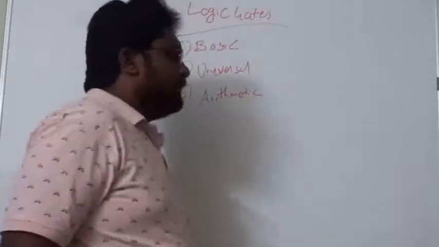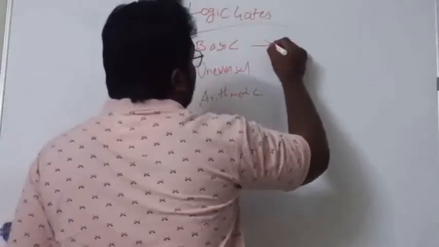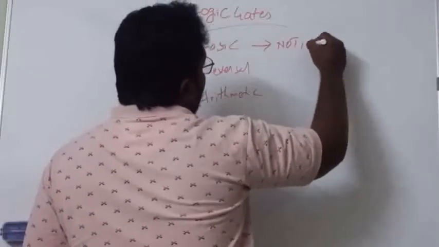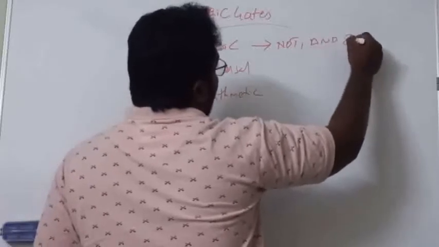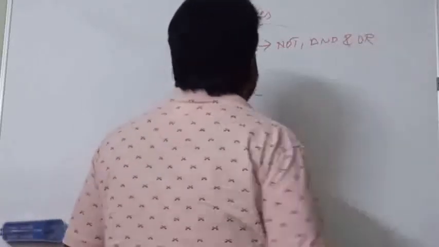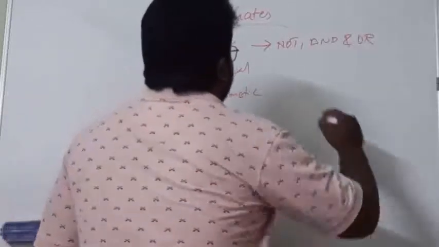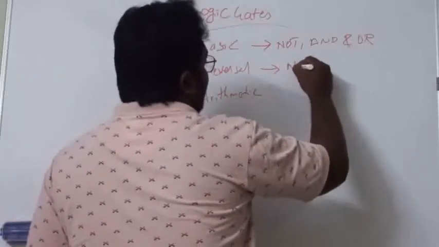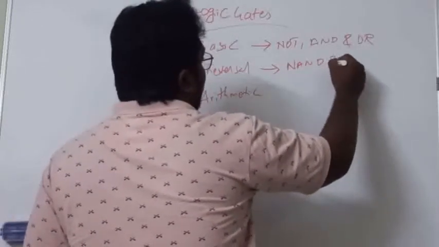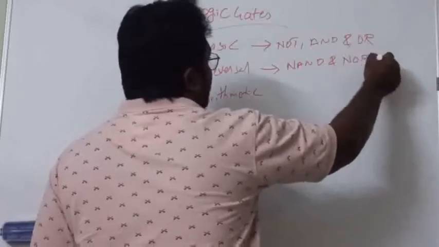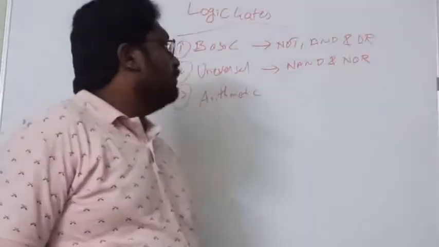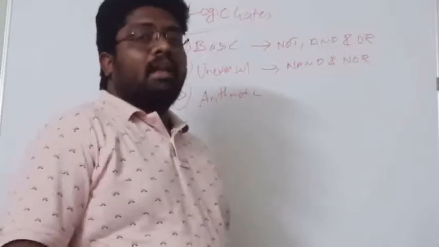The basic gates are the NOT gate, AND gate, and OR gate. The universal gates are the NAND gate and NOR gate. By using these basic gates and the universal gates, we can design any type of logical circuit.